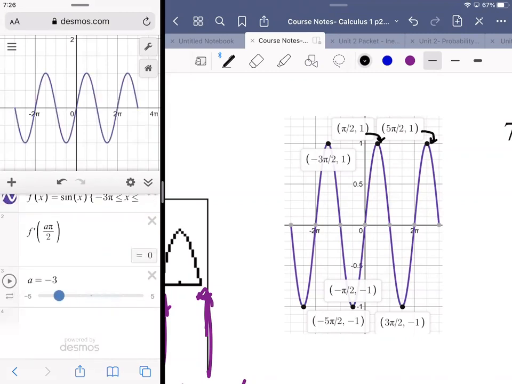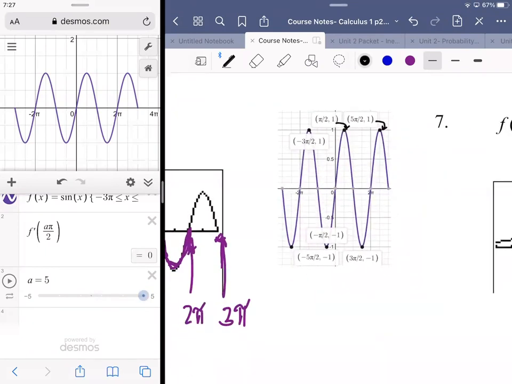But now when I do this, I'm looking at the derivative at -5 pi over 2, 0. -3 pi over 2, still 0. -1 pi over 2, still 0. 1 pi over 2, still 0. Still 0. All right.